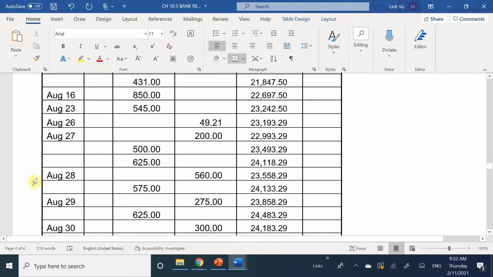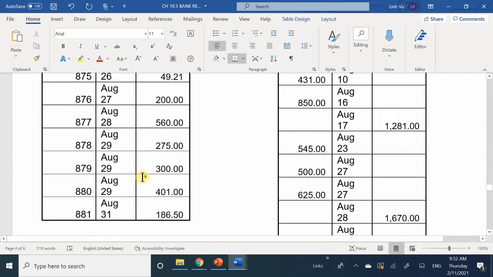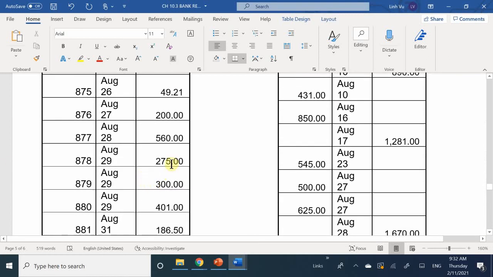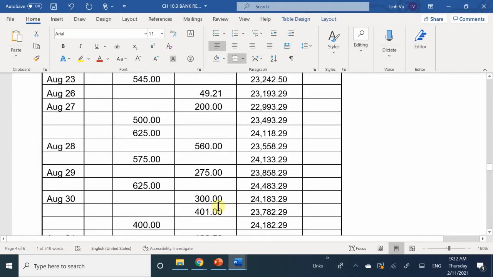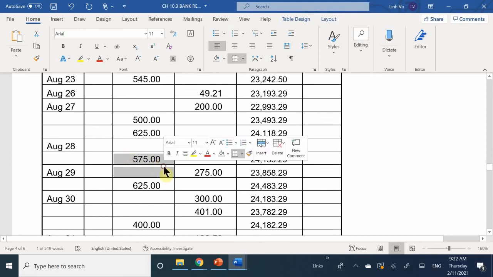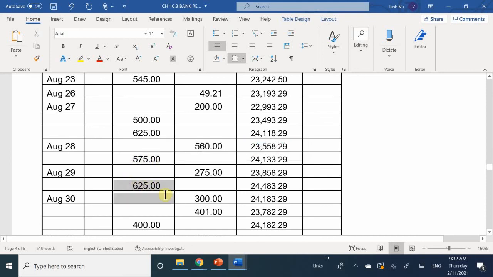So then on August 28th, did we write a check for $560? Let's see. $560. Yes, we did. All right. Now let's see what happened next. Did we record our deposit for this $575 plus 625?